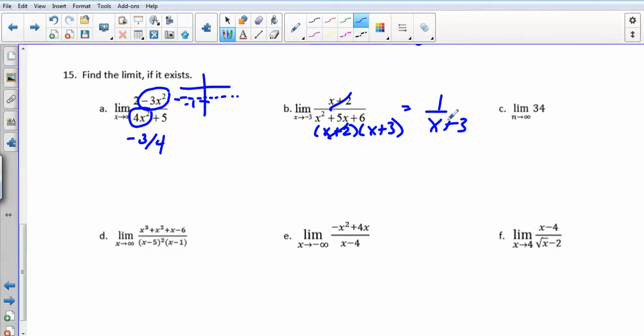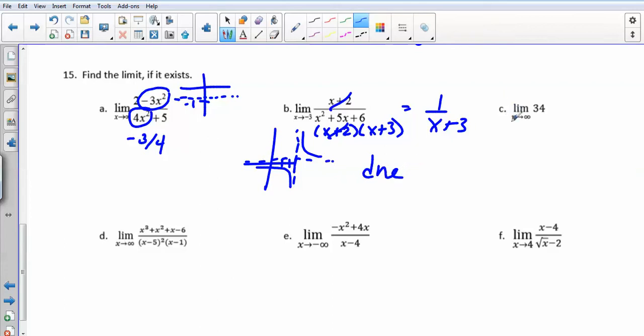So let's see if our branches go one direction or the other. 1, 2, 3, I need my asymptotes. And this is just the parent function 1 over x shifted left 3. So I happen to know my branches go here and here, which means one's going to infinity and one to negative infinity, so this limit does not exist.